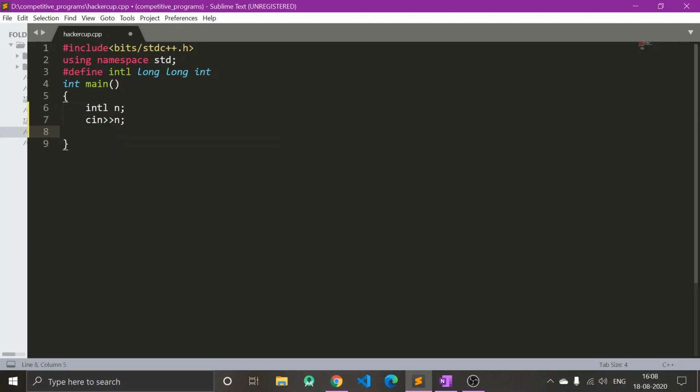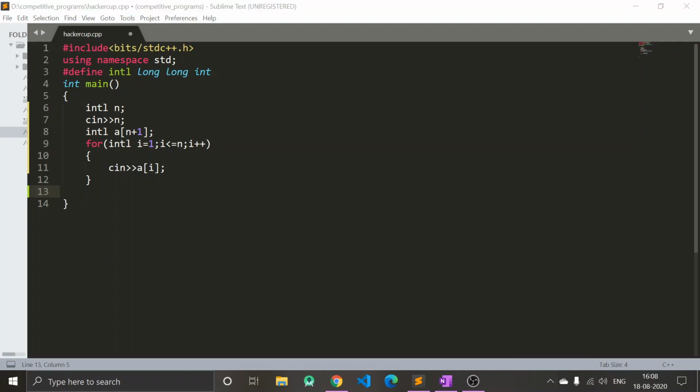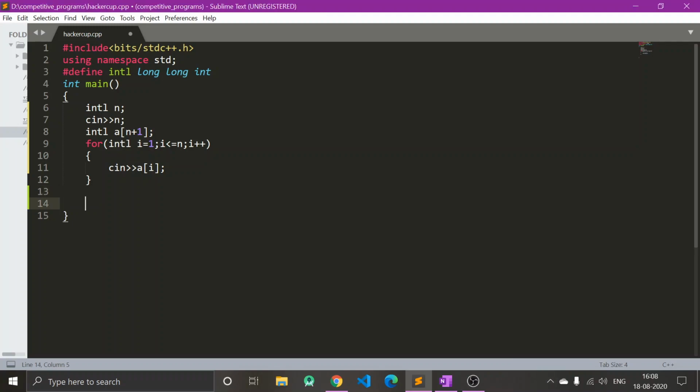I'm coding it in C++, which is the mostly used competitive programming language. Then an int array of n plus 1. We will declare our dp array, which will be the same size as the a array, n plus 1.